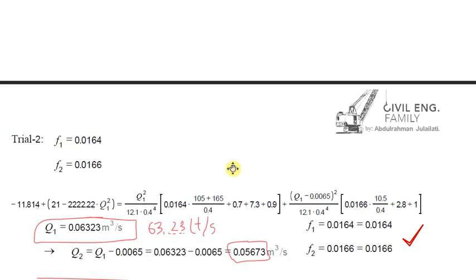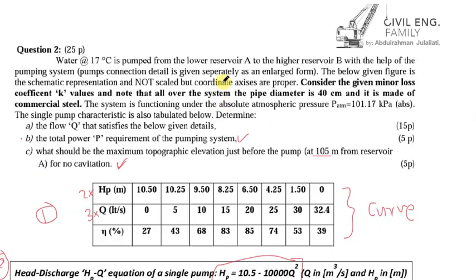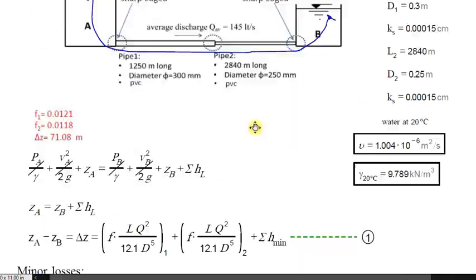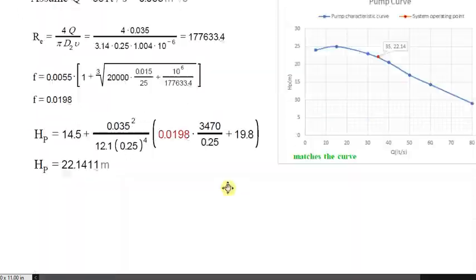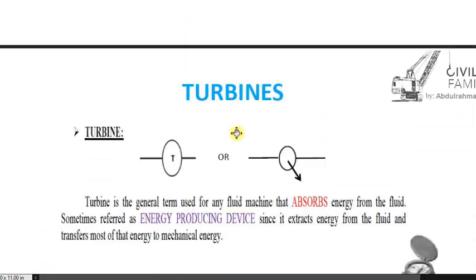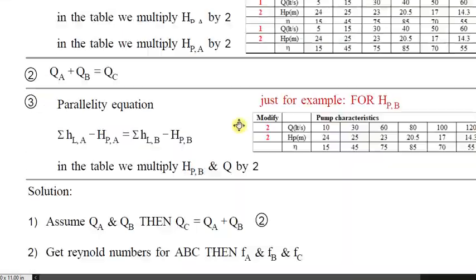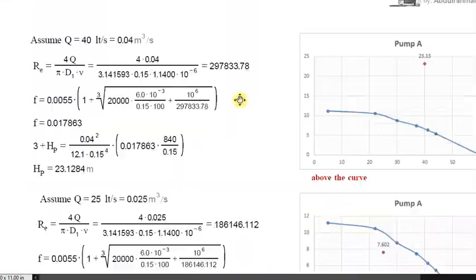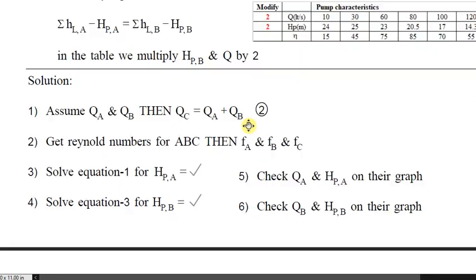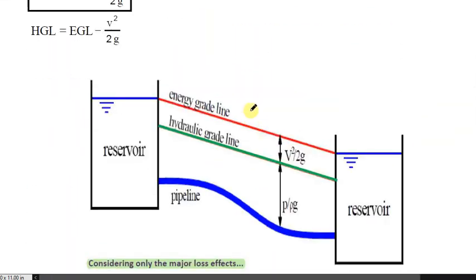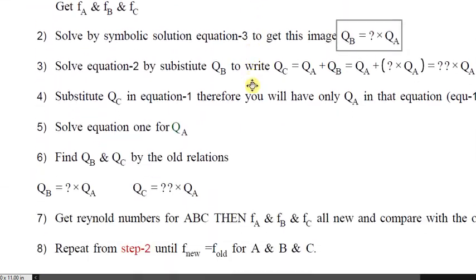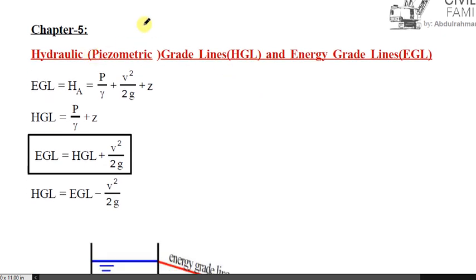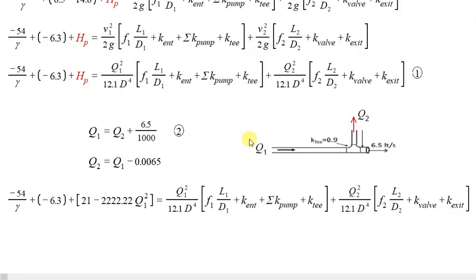I think that's it. If there is anything else we can discuss here in the notes. In the notes we solved, there is one extra question after the turbine. You can have a look at it, and later on I will give you another example about pumps in parallel, which means like this.